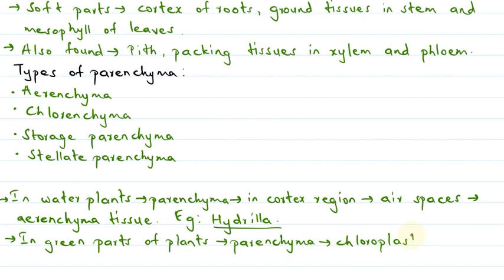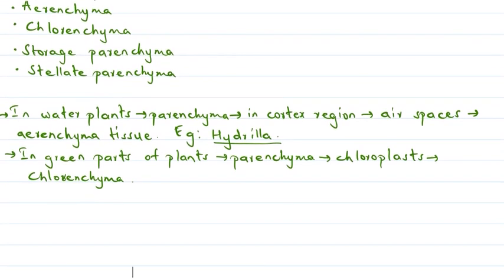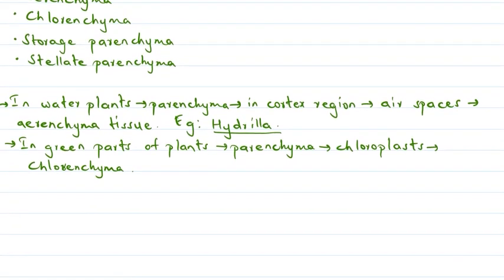Okay, they have chloroplasts, and these cells are known as chlorenchyma tissue, or chlorenchyma cells, that are present in the green parts of the plants which have chloroplasts in them.